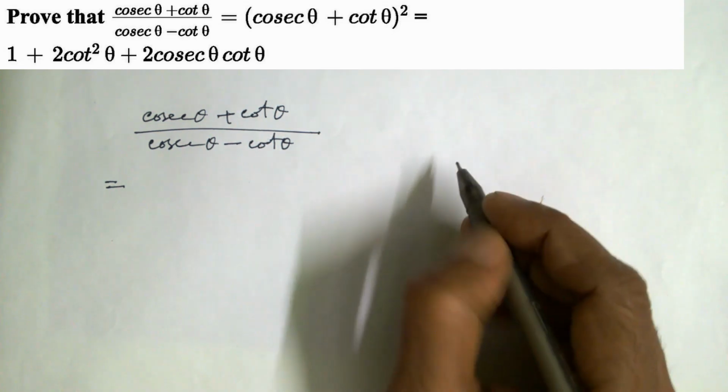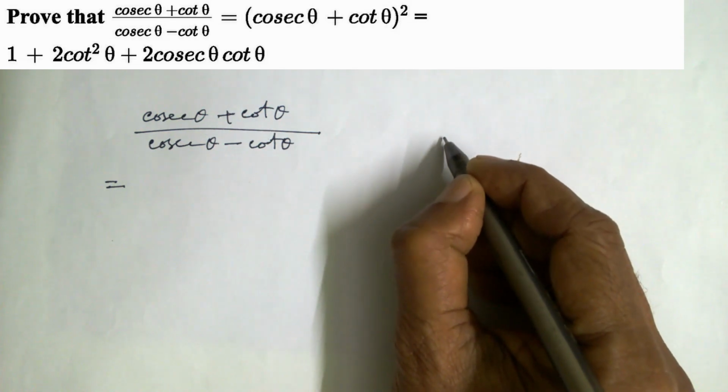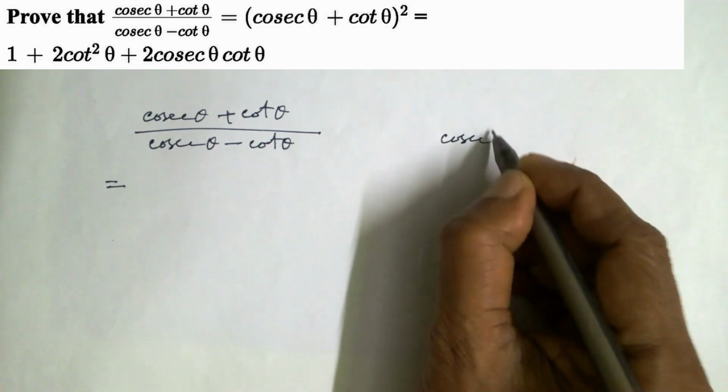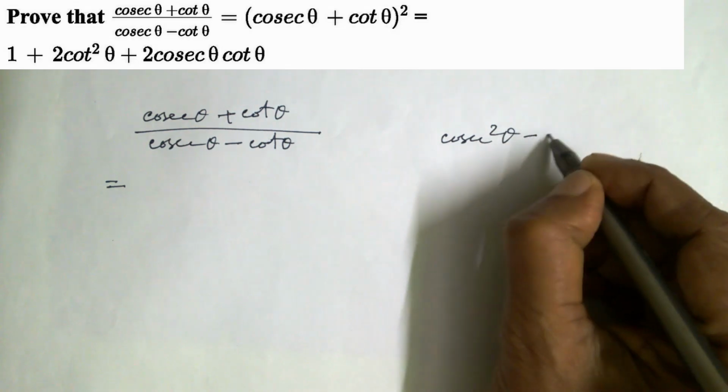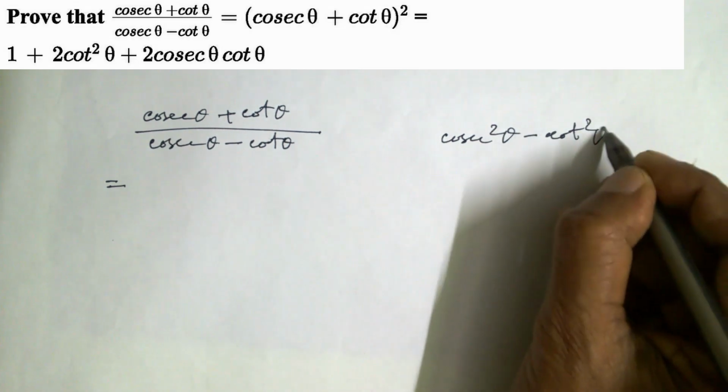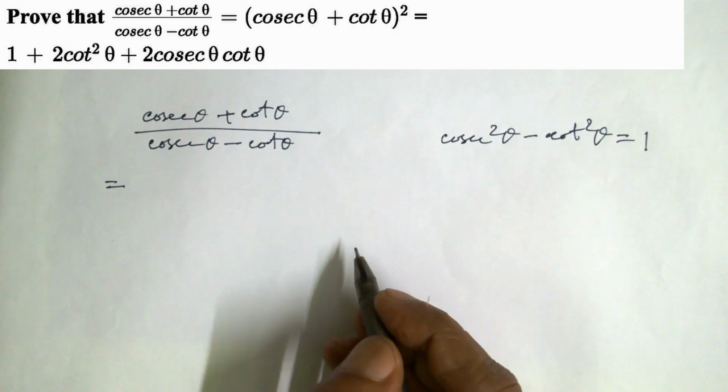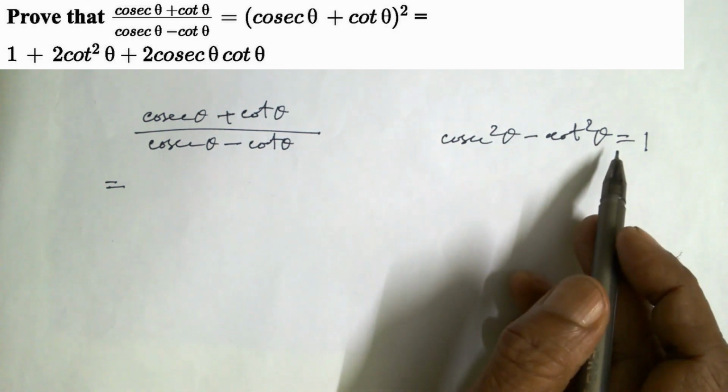There is a formula, that is memorize: cosec square theta minus cot square theta is equal to 1. Obviously, this formula can be used.